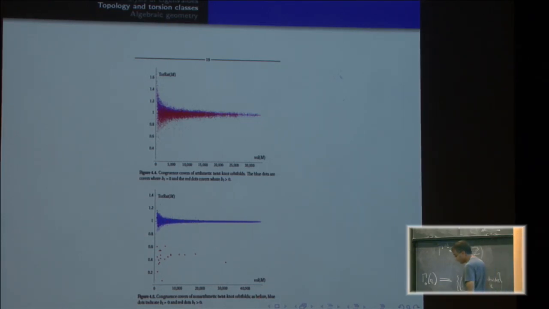Actually, the situation is very similar. In this group, there's a kind of battle between the torsion part and the free part.